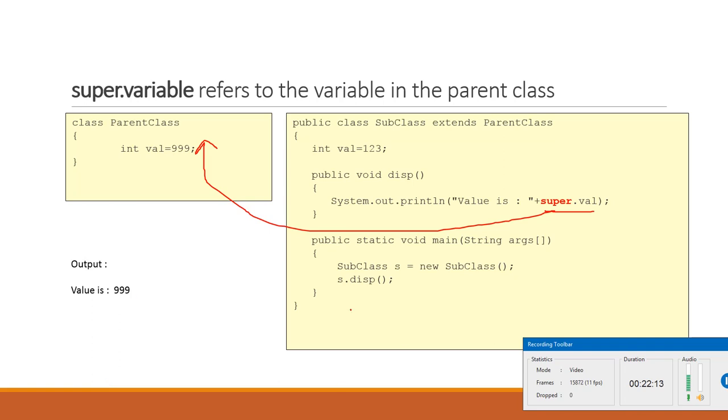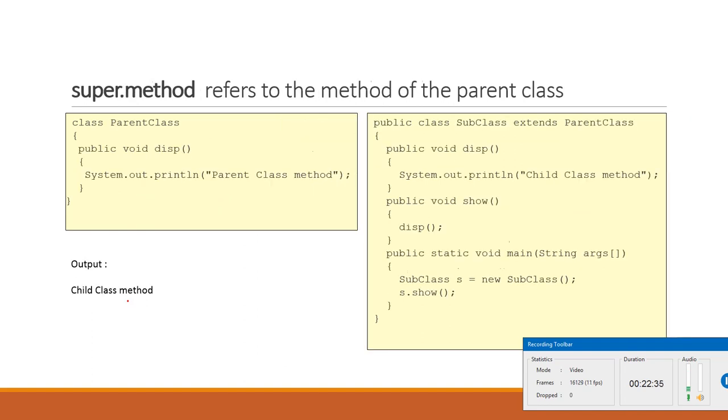So when we execute this program, we call this method disp. super.val will refer to the val variable in the parent class and it will display the value which is 999 from the parent class variable. So another use of super is to refer to the variable of the parent class.